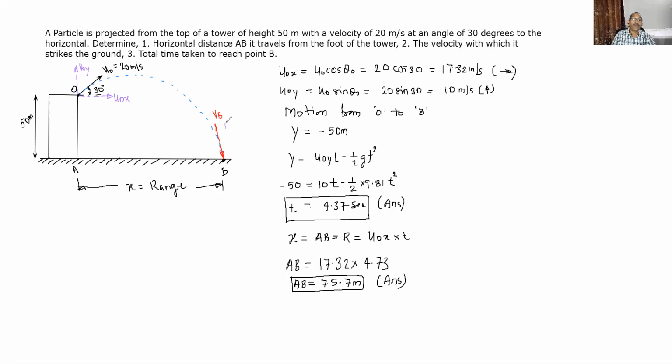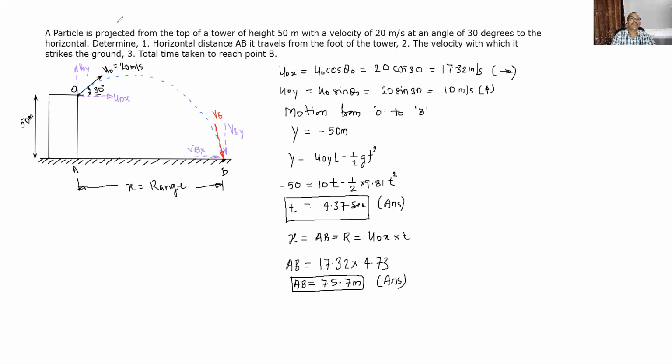We will get components of velocity. If we resolve VB, the vertical component is VBY and the horizontal component is VBX. If we get these two components, then VB is easily possible.